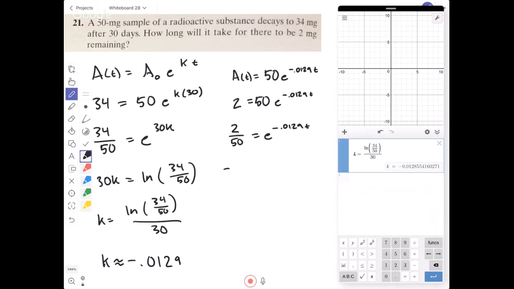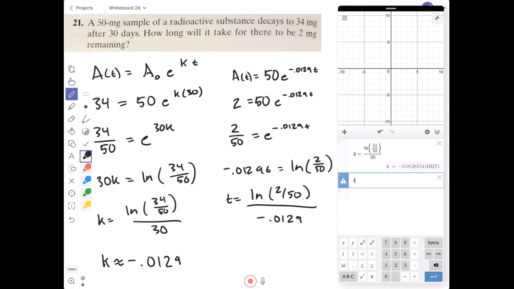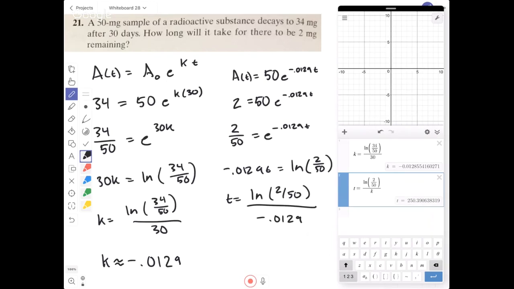So negative 0.0129 t equals the natural log of 2/50ths, and t equals the natural log of 2/50ths all over negative 0.0129, which is the value I saved as k. T equals 250.39 days.